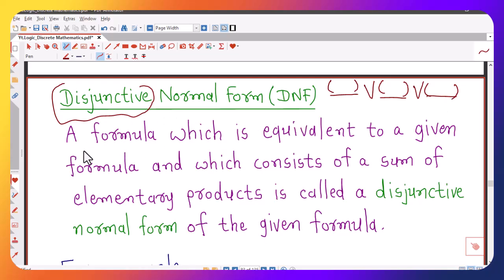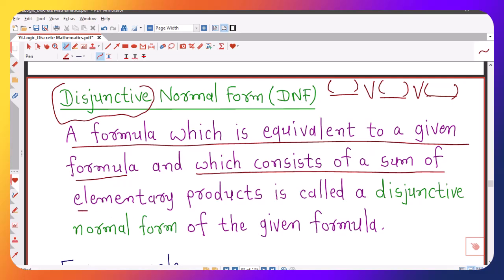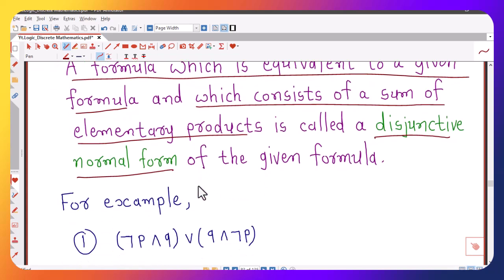So, you can write the definition in this way: a formula which is equivalent to a given formula and which consists of a sum of elementary products. Here we are using OR operator, so it is a sum of all these elementary products, and this type of form is called disjunctive normal form of the given formula.